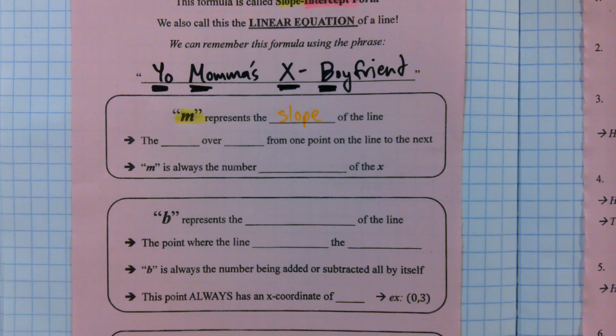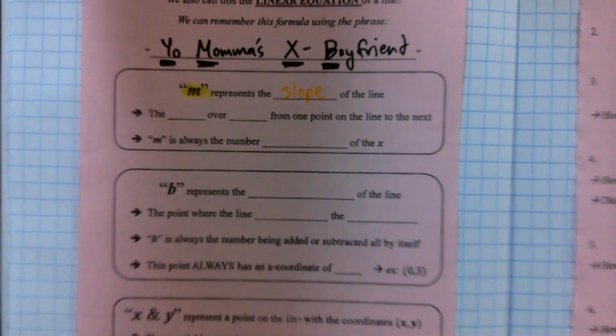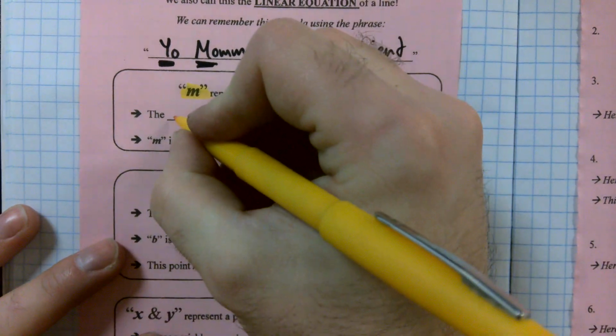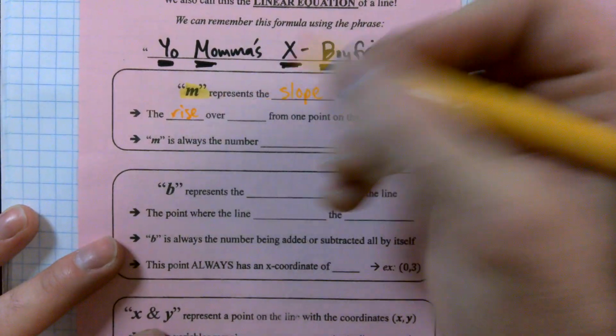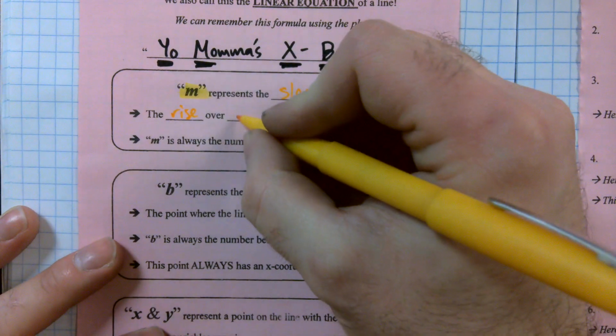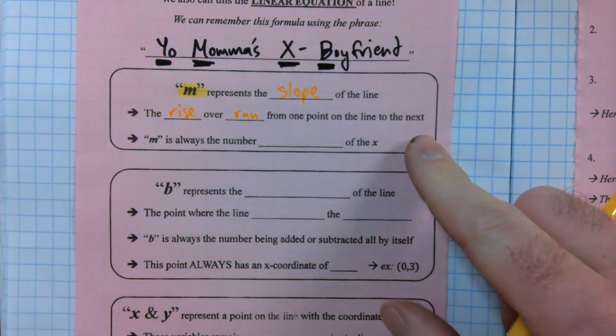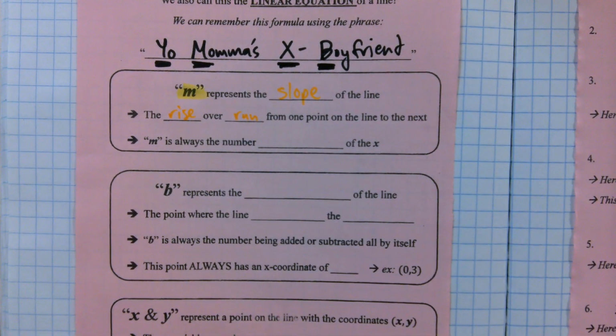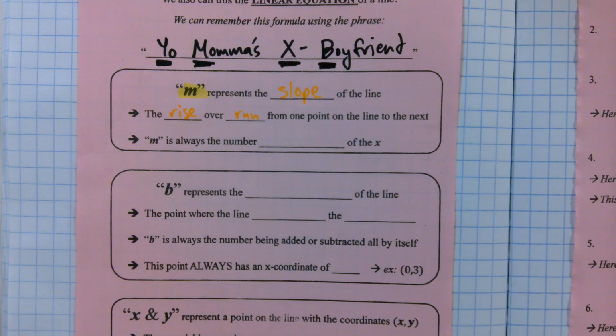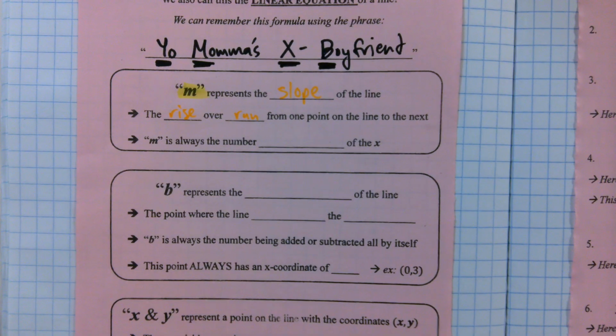How steep it is, whether it's super steep, super flat. That's what the slope represents. And as we know, slope is the rise over what? Run from one point on the line to the next. So we got 2 points. We're going to rise. We're going to run. Okay?